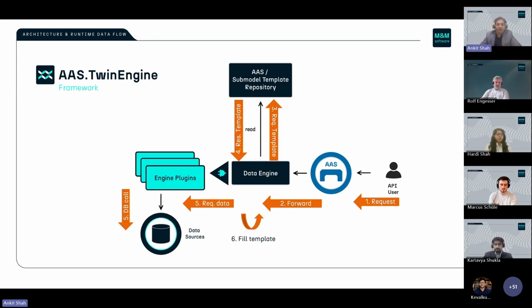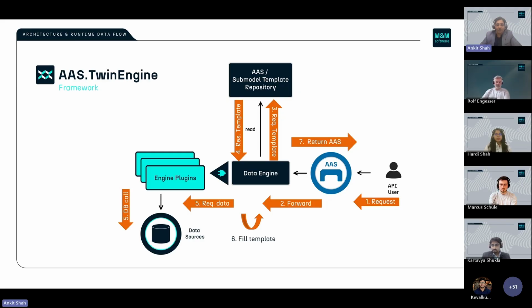Now, what is the responsibility of the data engine that I mentioned earlier? It gets the response from the plugin, fills those values into the template, and assembles a complete Asset Administration Shell, which is then returned to the user.